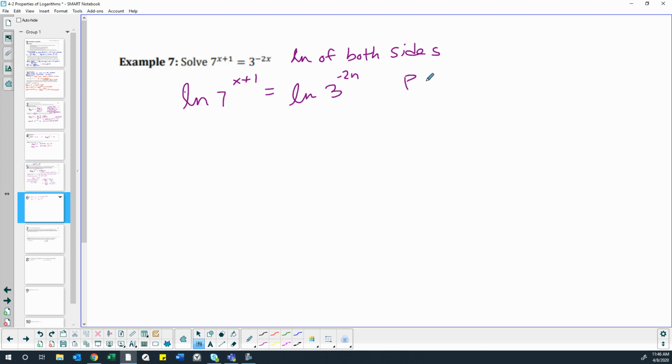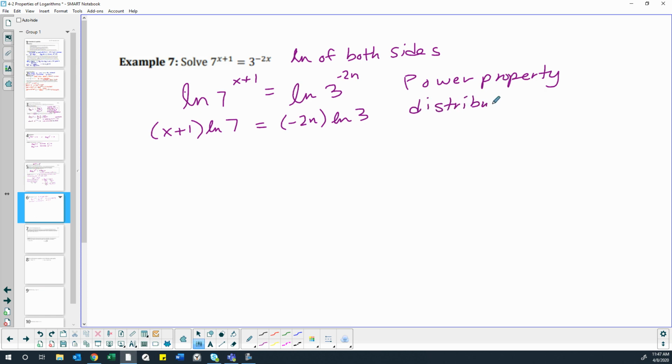So now we're going to use the power property. So move that x plus 1 as a coefficient, and the negative 2x as a coefficient on the other side. Then we're going to use the distributive property. Natural log 7 just represents a number. That's a weird decimal. We're just going to write it as natural log 7 to keep it prettier.